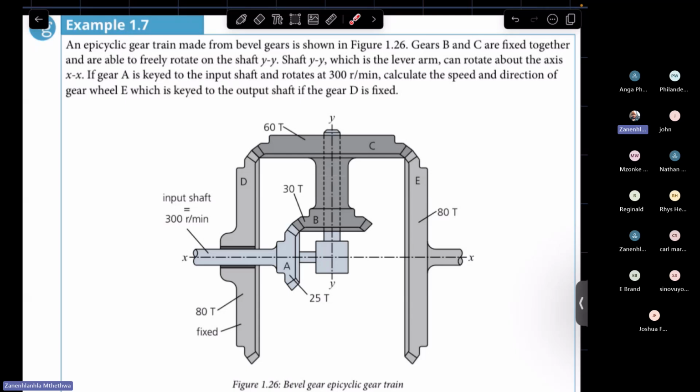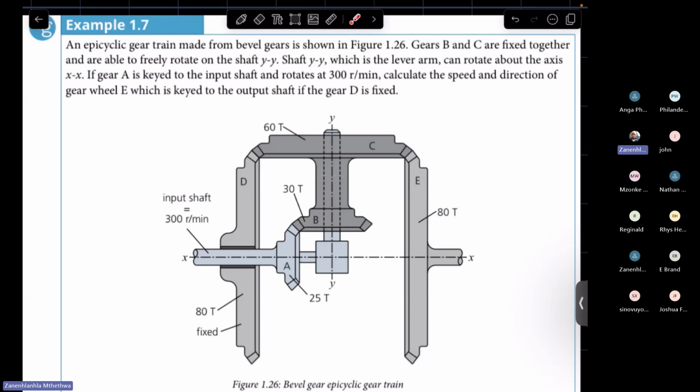Whereas with an epicyclic gear system made of bevel gears, we only take into consideration, in this case, gears D, C, and E, and of course the arm, as being part of the epicyclic gear system. Hence, when tabulating your information, you would include the arm YY, gear D, gear C, and gear E.